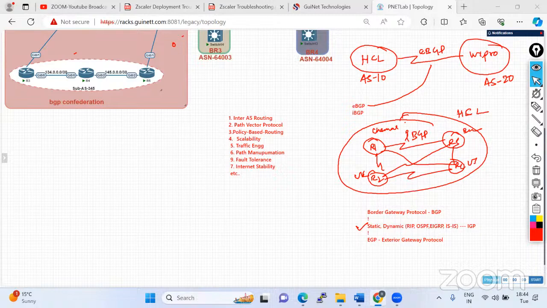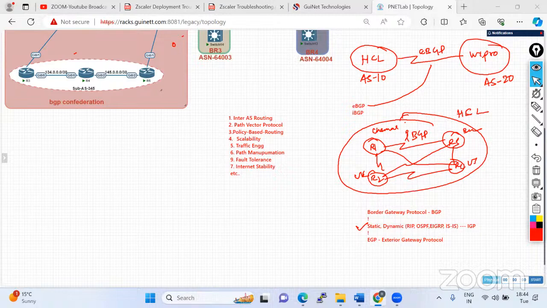BGP has more reliability, more features, more scalability. It has the capability to do manipulations. It has the capability to carry a very large routing database in a quicker period of time, where IGP is going to fail, where IGP scalability is going to be very challenging, right?